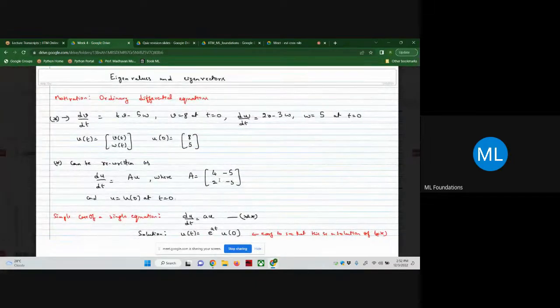Eigenvectors for a particular matrix are vectors for which the direction will not be changed. That is, when you multiply the vector with that matrix, you will not be changing the angle; you'll only be able to scale it.